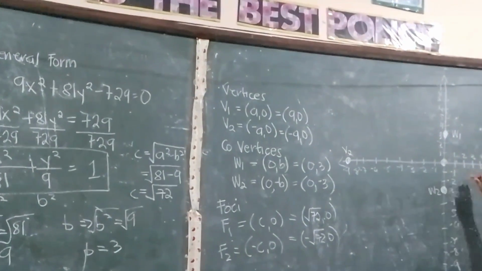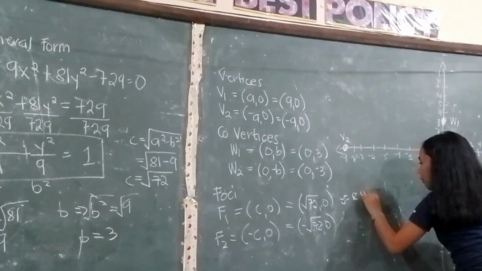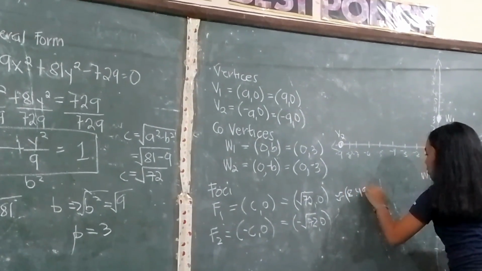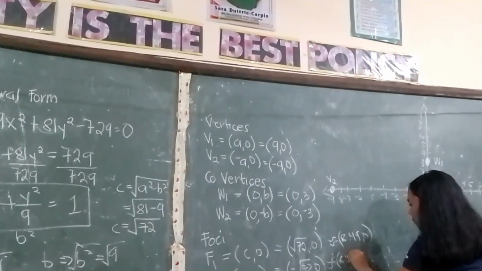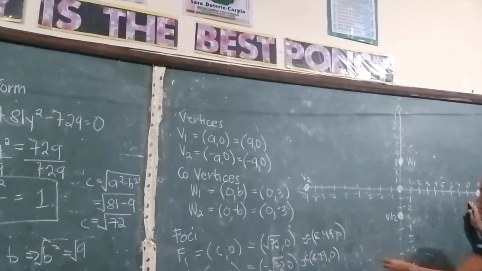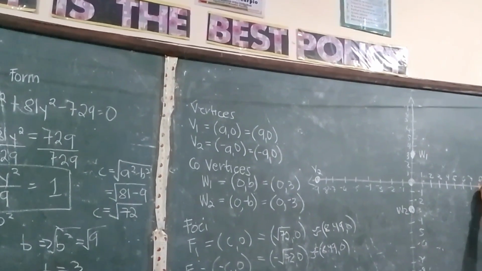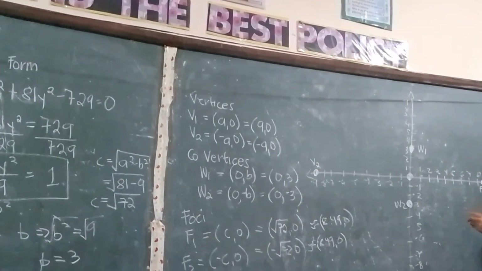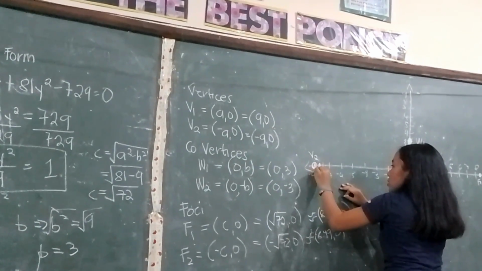So 8.49 and 0. So to plot this one, 8.49 is our F sub 1 and our F sub 2 is negative 8.49 also.